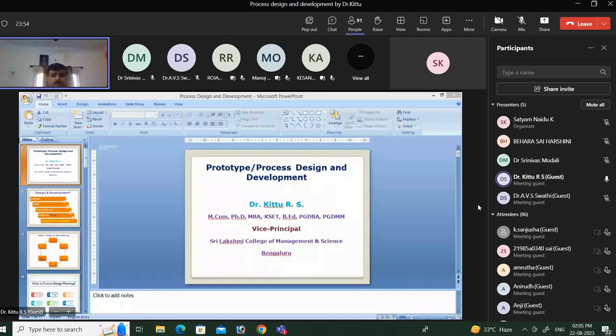Before we start on process design and development, we have to understand why process design and development is so important nowadays. What is the essentiality of process design and development, or a prototype?